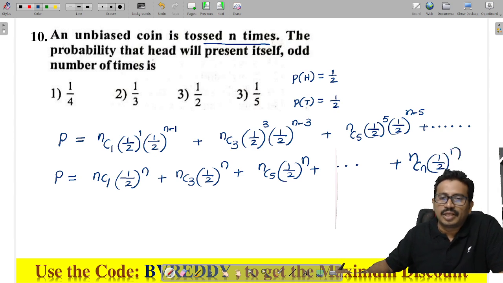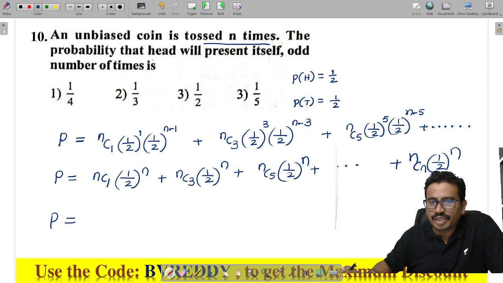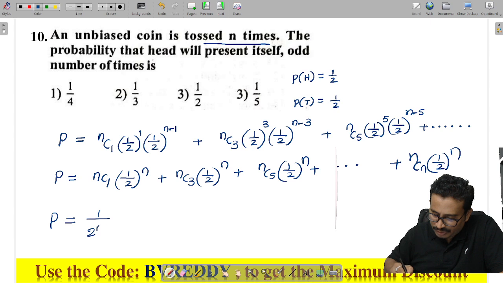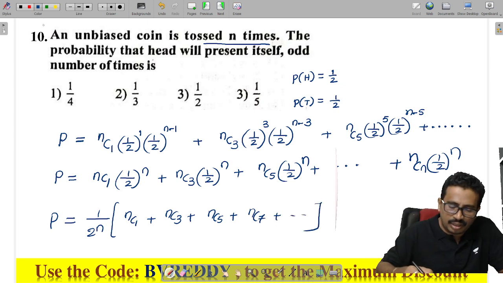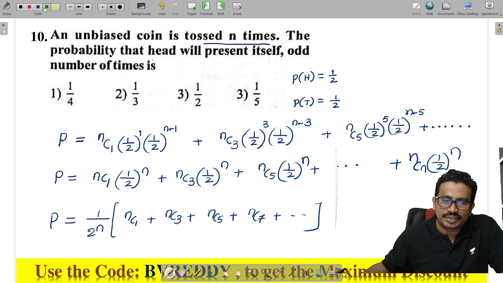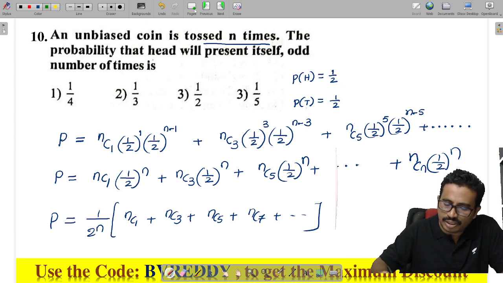I need only the odd terms, so that's why we got it like this. I can say 1 by 2 power n is common, so it will come as NC1 plus NC3 plus NC5 plus NC7, like that, the sum of odd binomial coefficients.